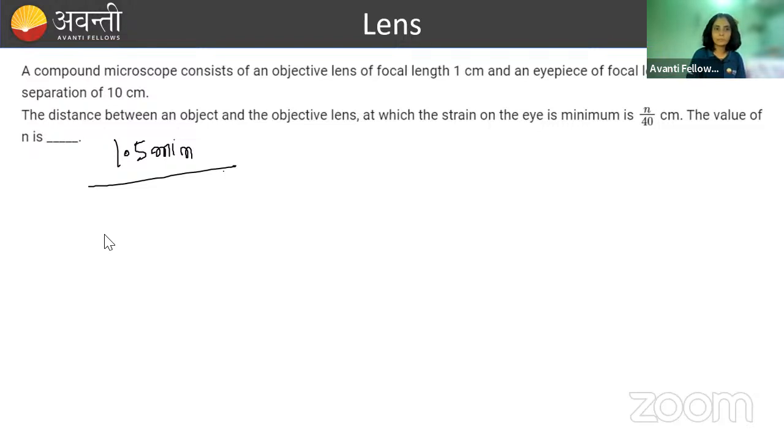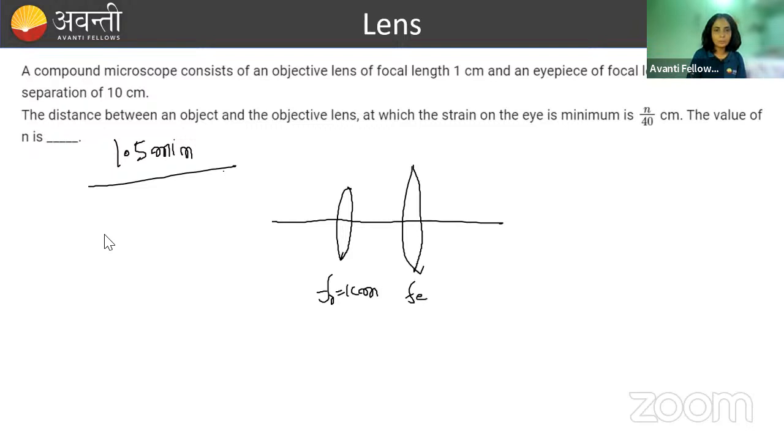There is a compound microscope. So a compound microscope will have an objective of small focal length, an eyepiece of larger focal length, or aperture, I must say. The focal length of the objective is 1 centimeter, and the eyepiece has a focal length of 5 centimeter, with a separation of 10 centimeters.